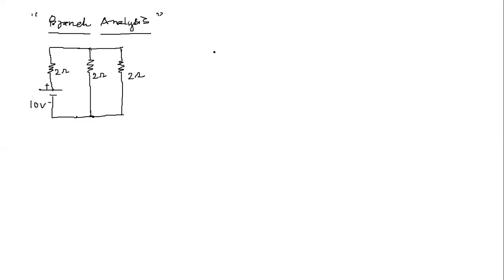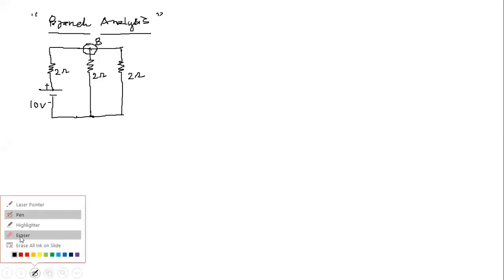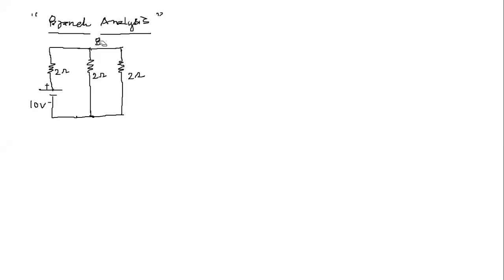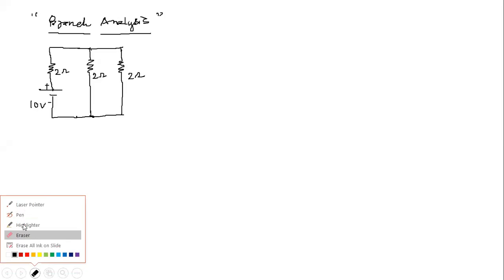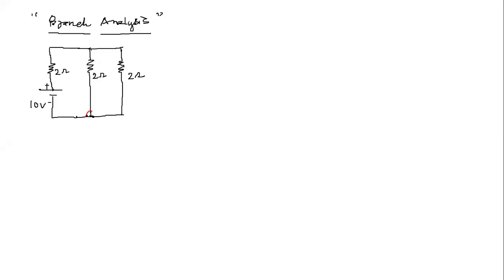In the previous few problems, we have considered only this junction, which I used to name as A. Rather than going for this junction, instead of going for B, let us go for this junction, the junction just opposite to it.